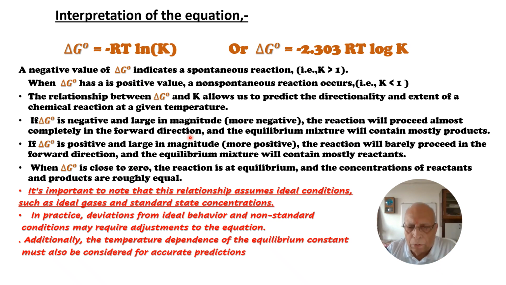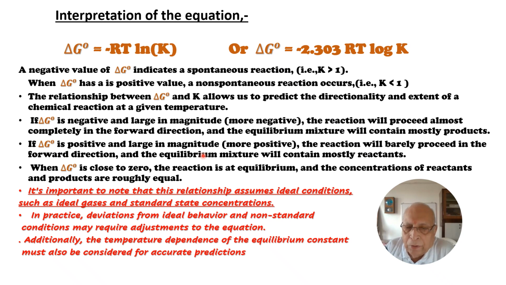The products will be more favored, whereas conversely, a positive value represents a non-spontaneous reaction. K is lesser than 1, and then the backward reaction will be favored. The equilibrium mixture will contain mostly reactants.